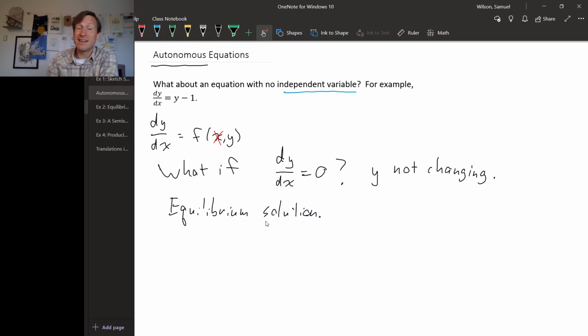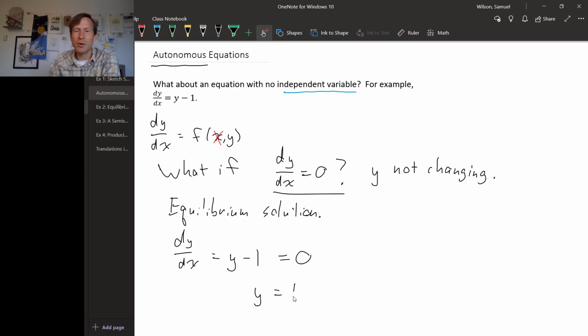So we can find an equilibrium solution just by solving this equation. So for our particular differential equation, dy dx equals y minus 1, if we set this equal to 0, we can solve for y. Just add 1 to both sides. And you get y equals 1. And this is a solution to the differential equation.